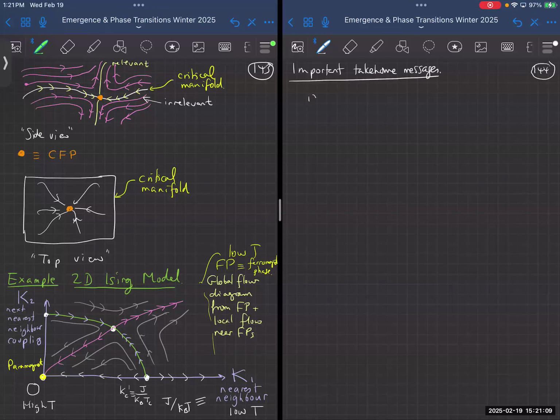So the first conclusion is that the relevant directions push you away, push the flows away from the critical fixed point.